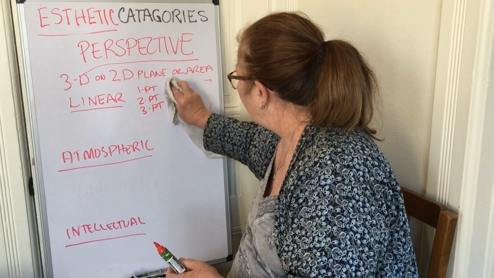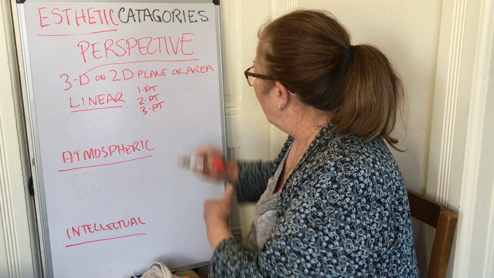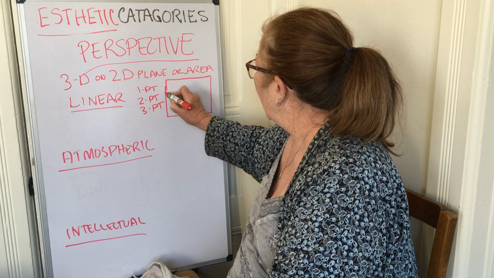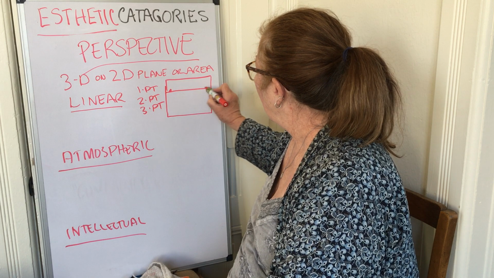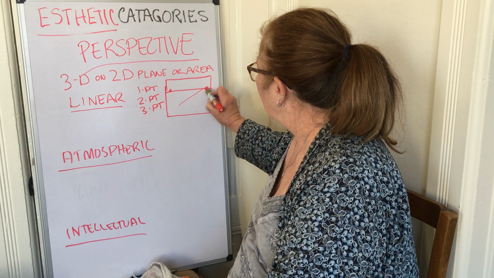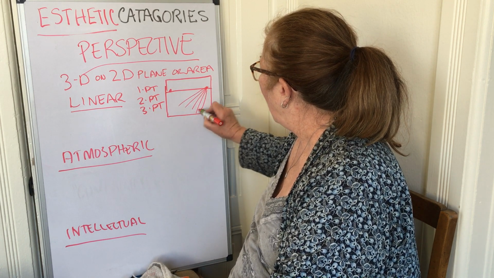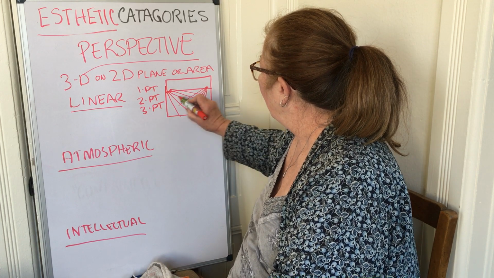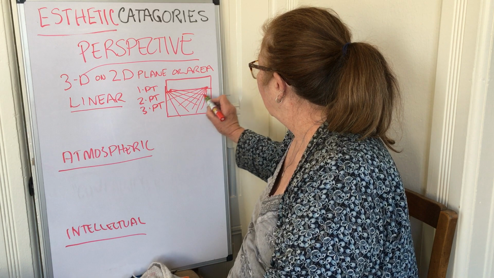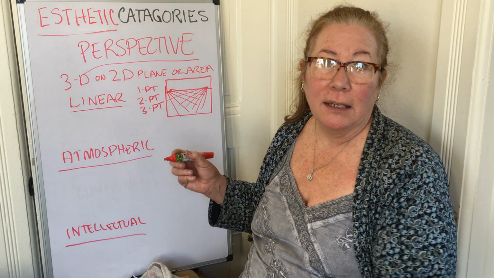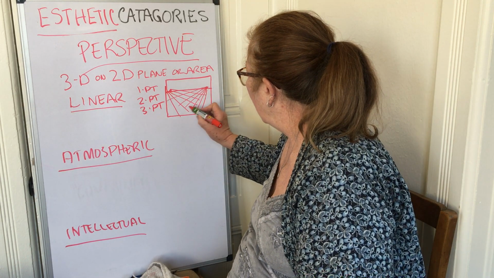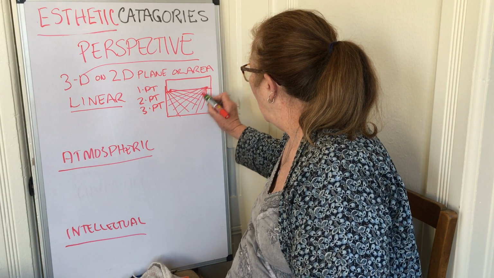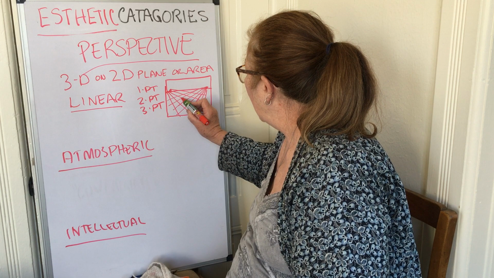2-point perspective is where you have 2 points on the horizon line. If I'm going to do 2-point perspective, I'm going to have a horizon line and 2 points, and lines radiating off that are guidelines that the artist works with. If I was going to use 2-point perspective to paint or draw a box or a building, I would use these lines coming off of the points as my guidelines.